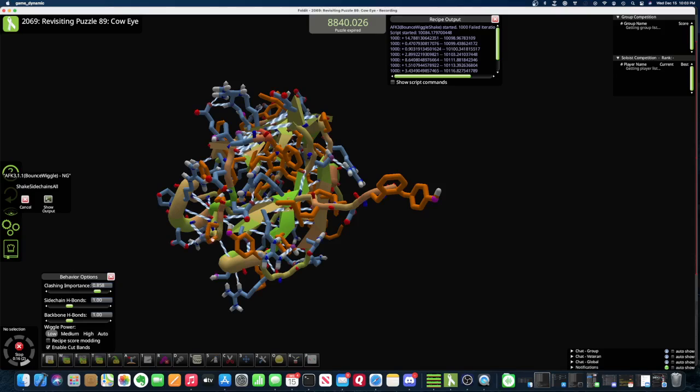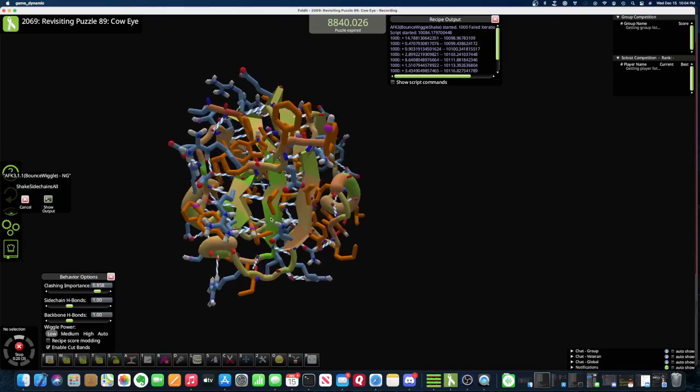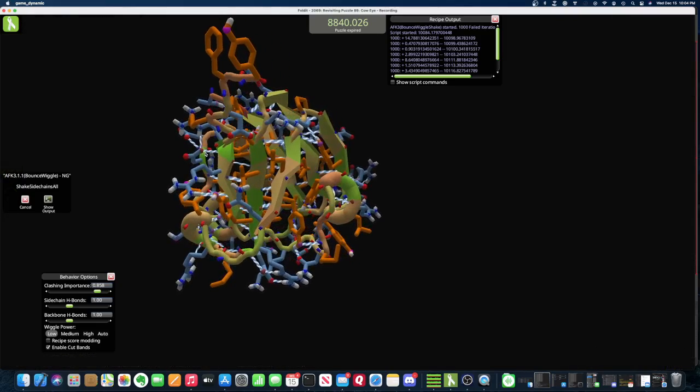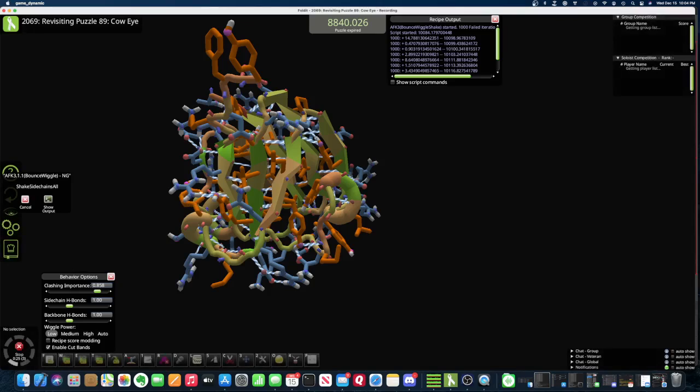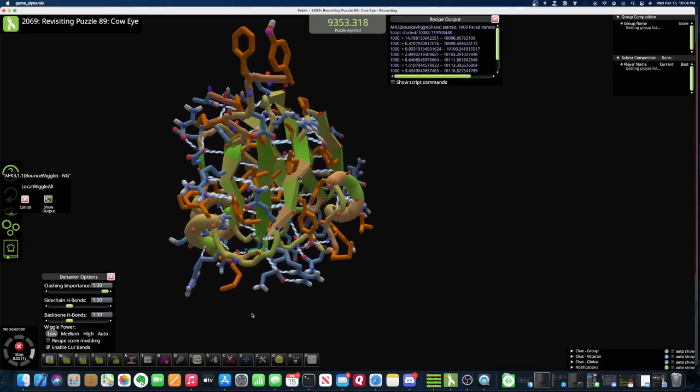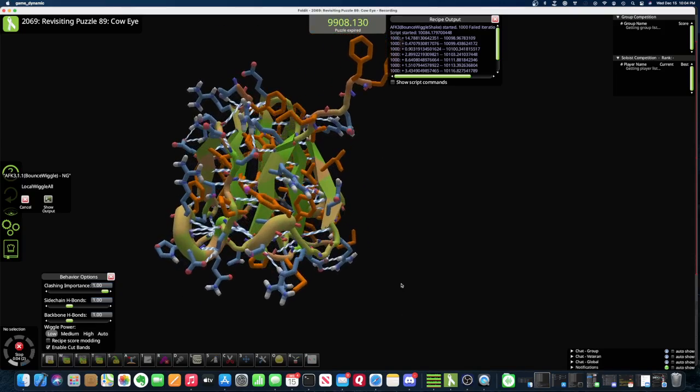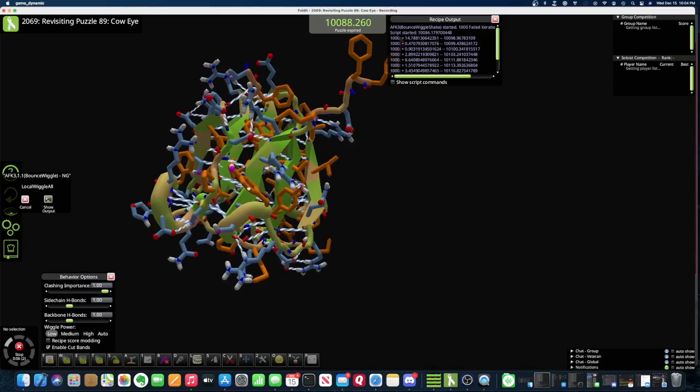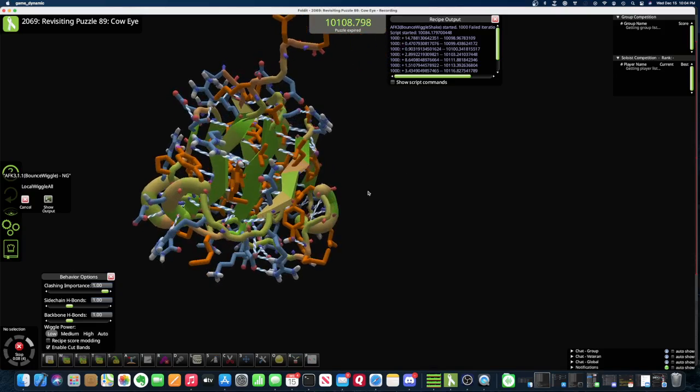The proline kind of forms a miniature aromatic, and you can see that it gets lined up with this tyrosine. So there's that, and then we have this guy that's kind of perpendicular to that one.